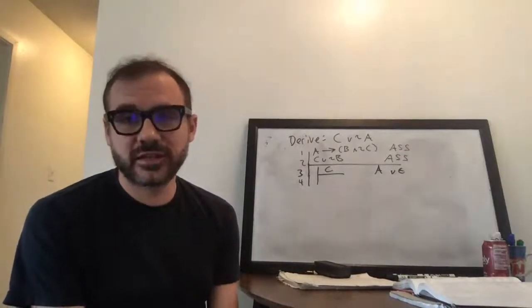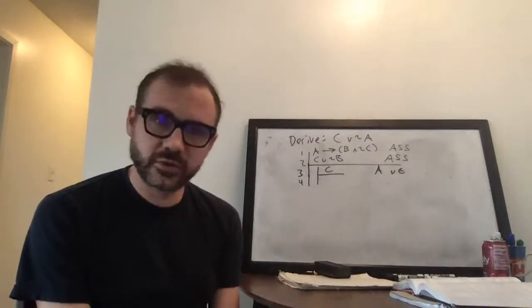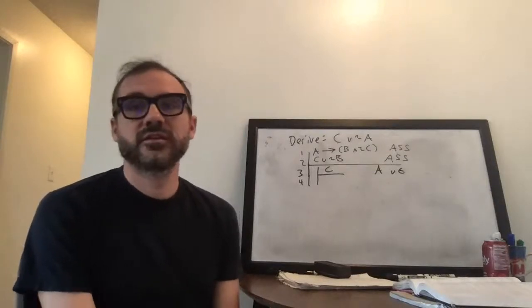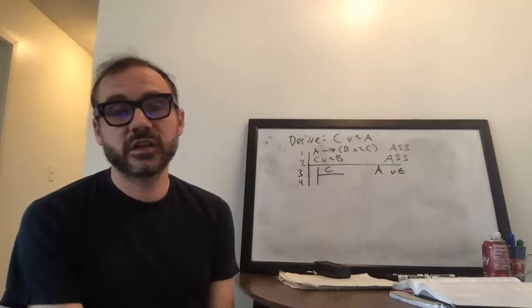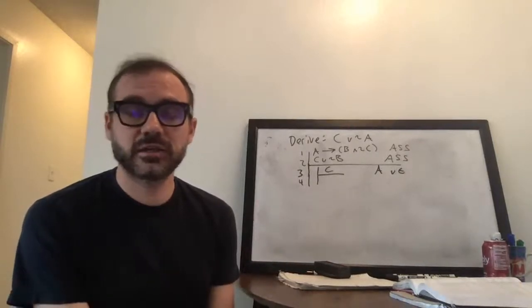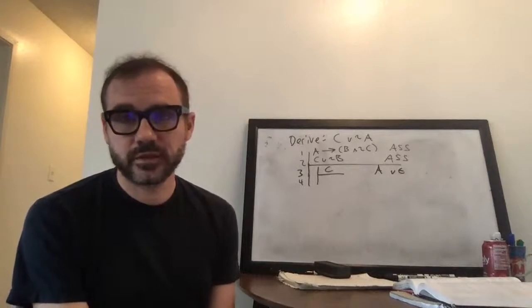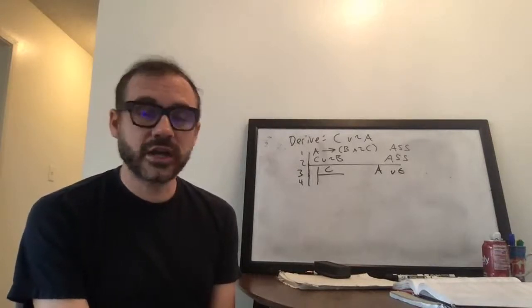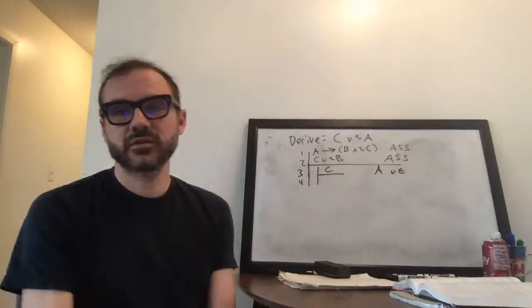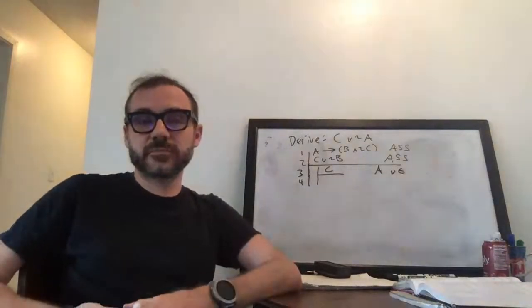So you see the statement that we need to derive. You see what's available on line 1, 2, and 3. So then just tell me, what is an inference that can be used to add information on line 4 to take us right there to the statement that we need to derive? Go ahead and let me know what line 4 could be.